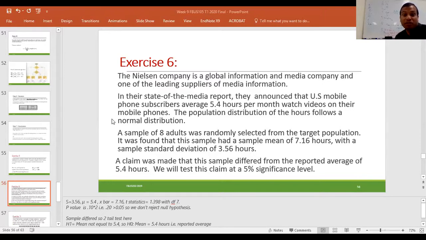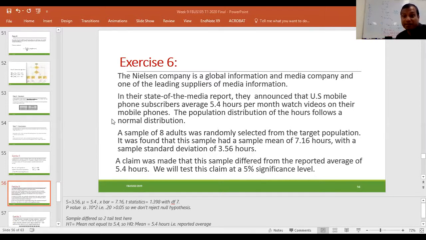The population distribution is normal distribution. Think about the criteria. Is the first criterion met? Yes, the population distribution is normally distributed. Now, a sample of size 8 adults, N value is 8, was randomly selected from the target population.